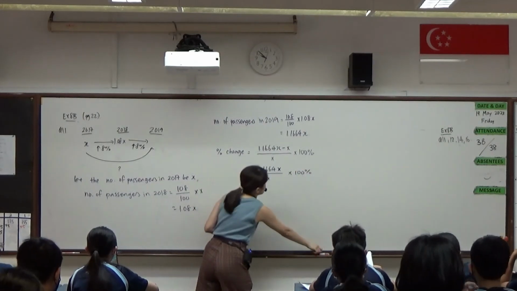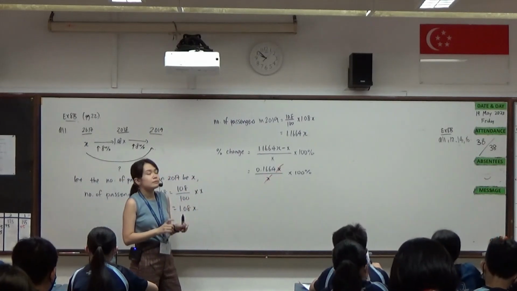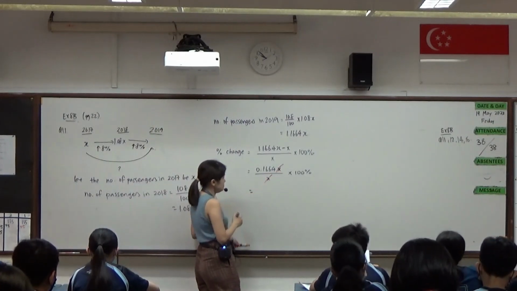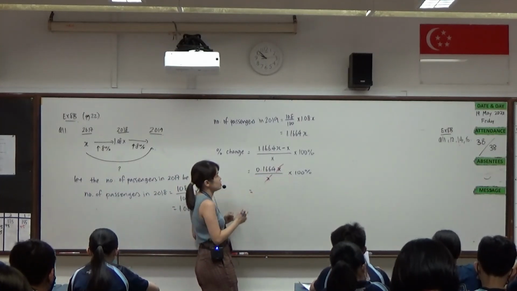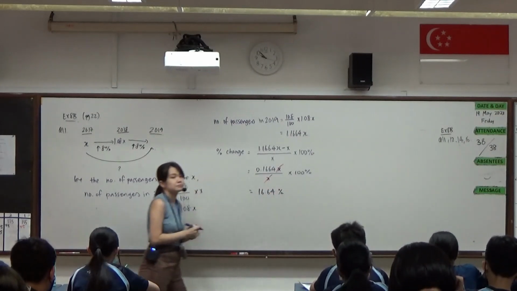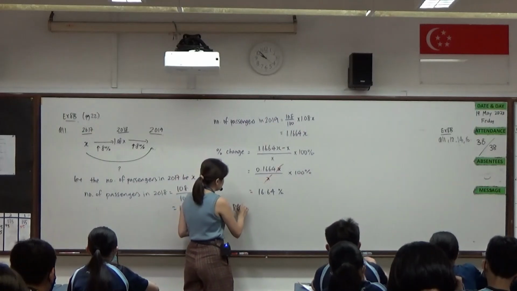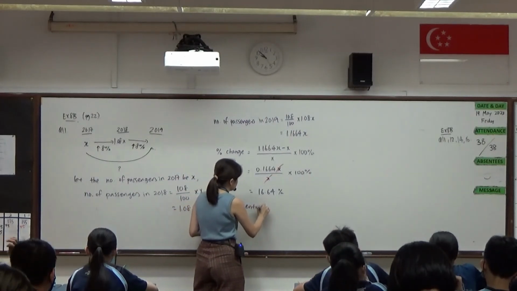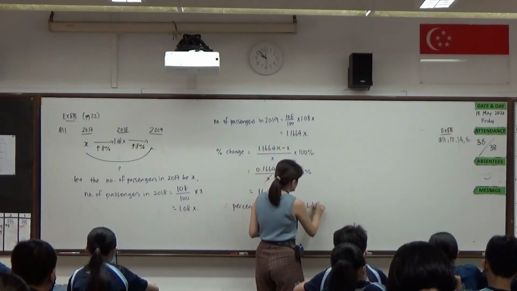Then we can cancel out the x, such that we press our calculator for 0.1664 times 100, we will get 16.64. So therefore the percentage increase is equals to 16.64%.